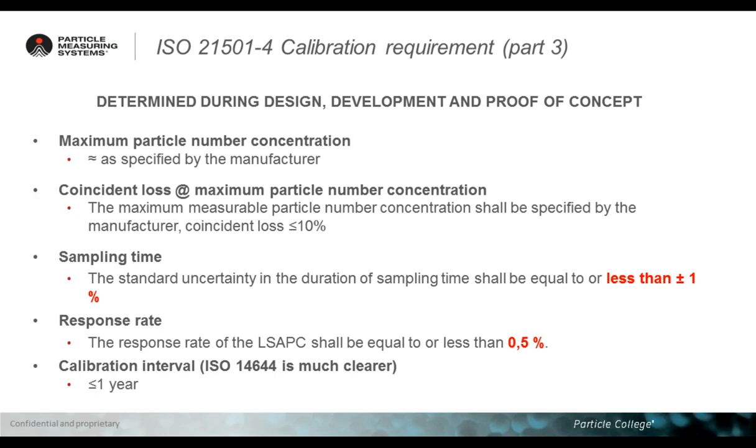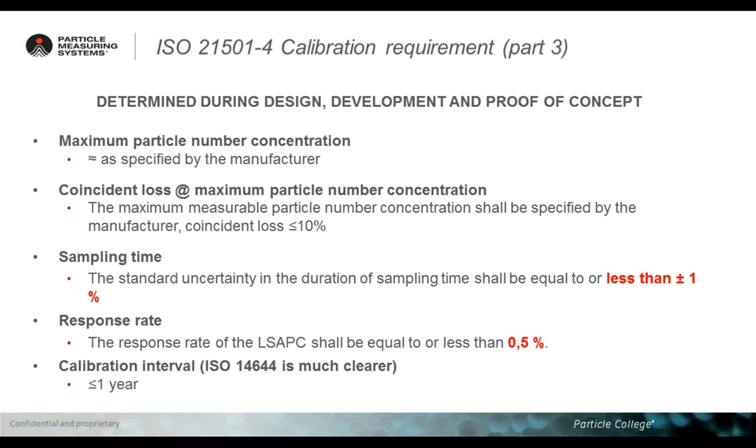You shouldn't consider this too much, because if you're working in ISO class 5, 6, 7, 8, all the particle counters that are actually in the market can absolutely work even in the dirtiest ISO class without any problem.